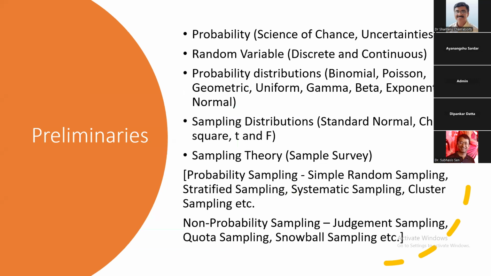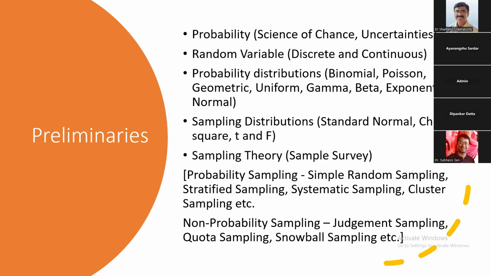And then we come to the preliminaries. We need some concept of probability, because when you collect data, it is not certain data, it is random data. So obviously there is a concept of probability. And to know the pattern of the data, we have to know the random variable concept. Then we have to know some probability distributions.